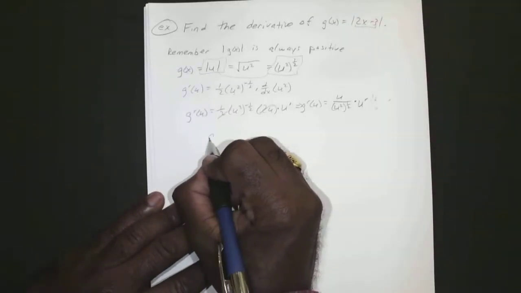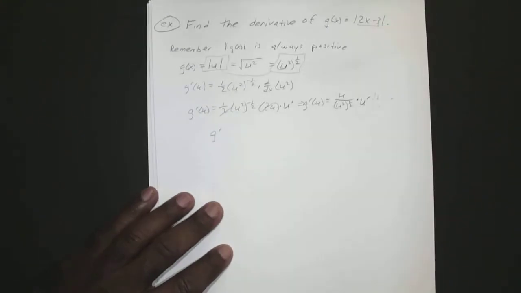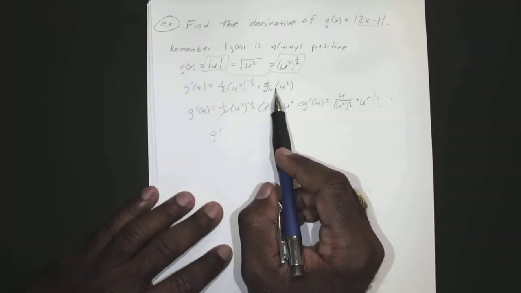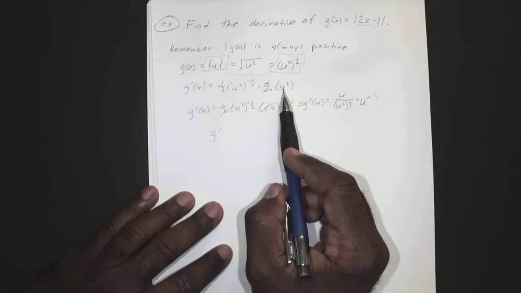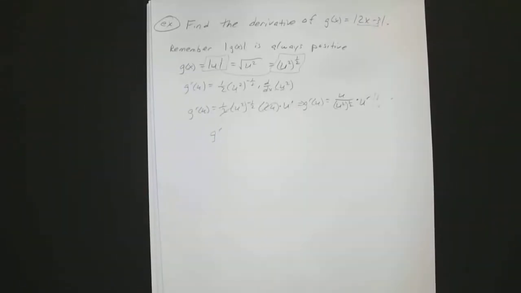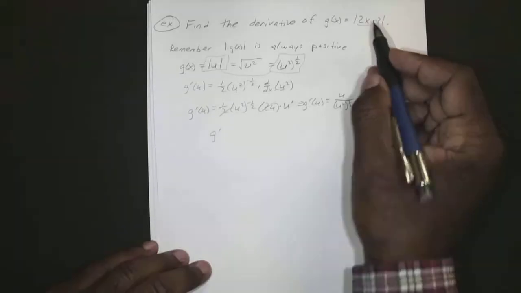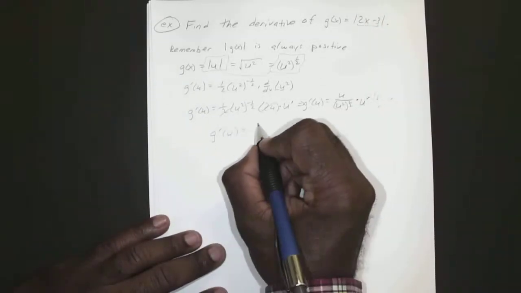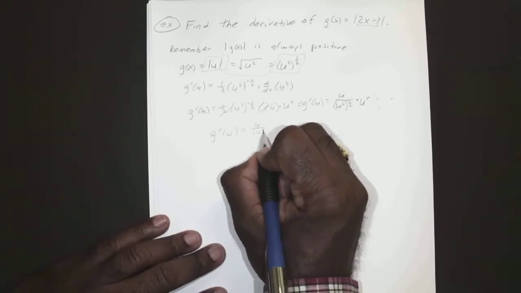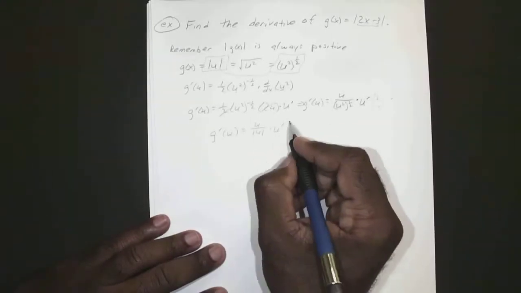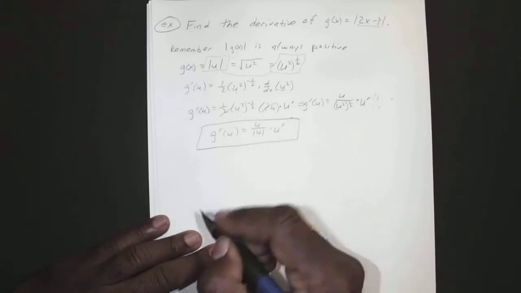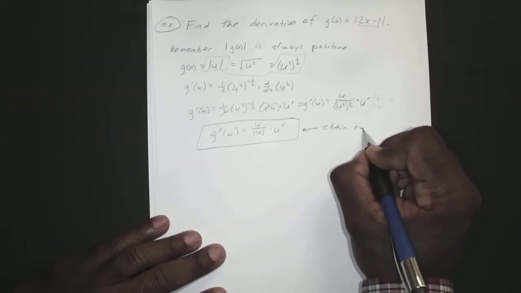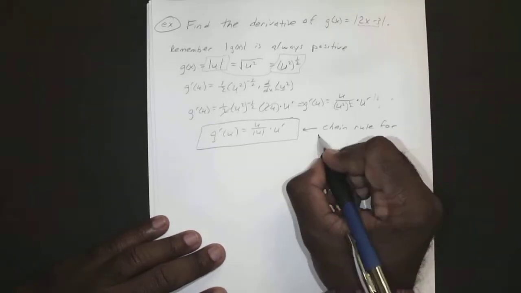Where did u prime come from again? Because when you have the derivative with respect to x, you have 2u times the derivative of whatever u is. Remember the derivative of whatever's on the inside? That's what we have here. So g prime of u is actually equal to u over the absolute value of u times u prime, which is really all you have to remember for absolute values. Chain rule for absolute values.